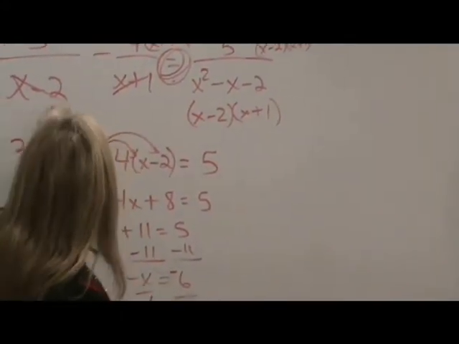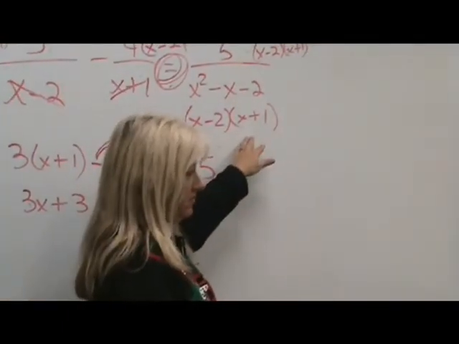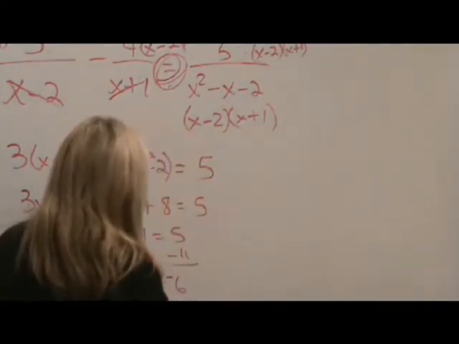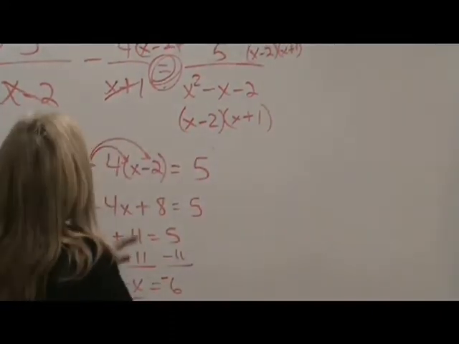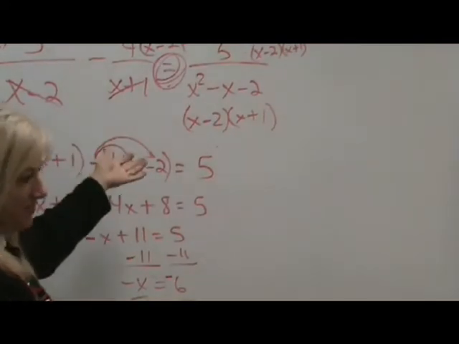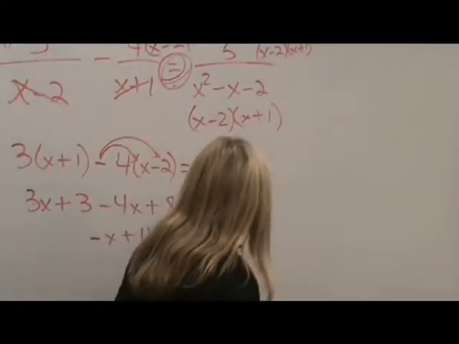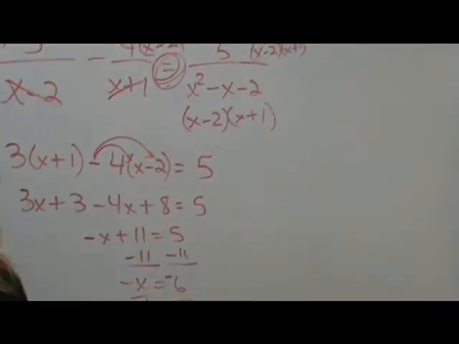So the 6 would not make any of these 0. So there would be no solution? No, 6 would be the answer. Let's say, for example, this turned out to be x equals 2. 2 can't be an answer because it's going to make that 0, which makes it undefined. All right, so now you see the difference? Yes, ma'am.